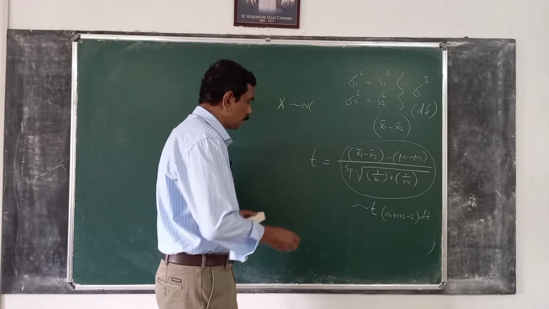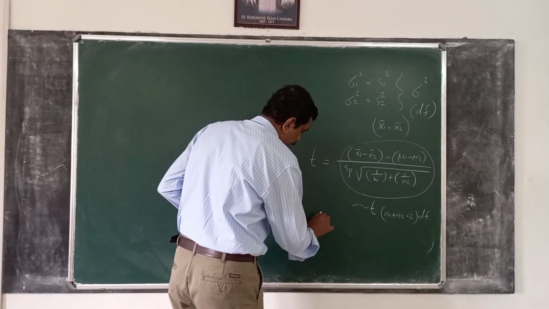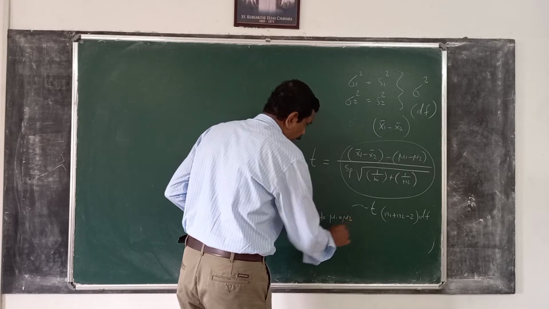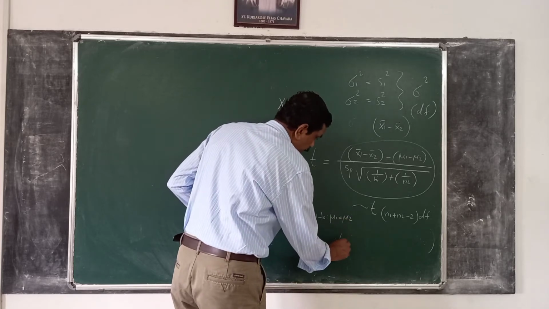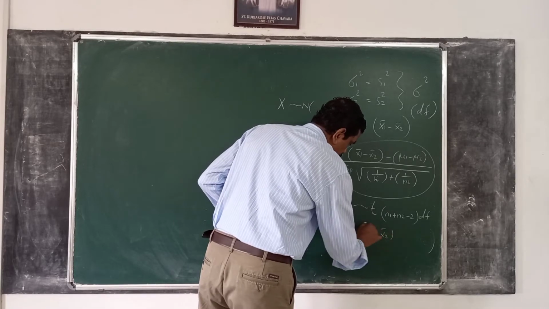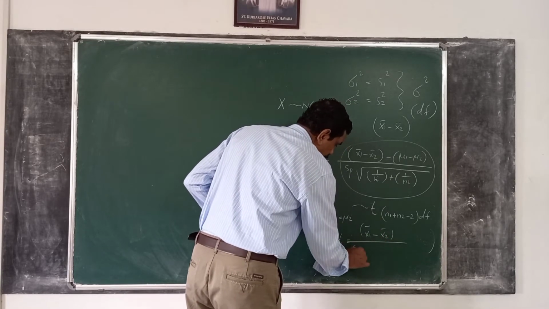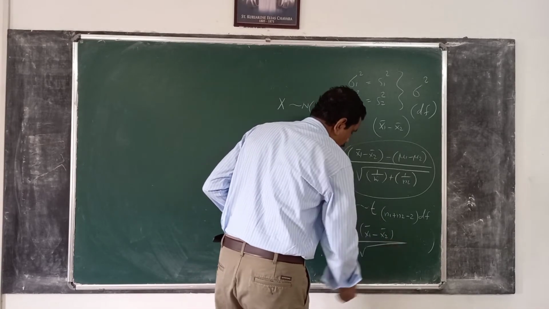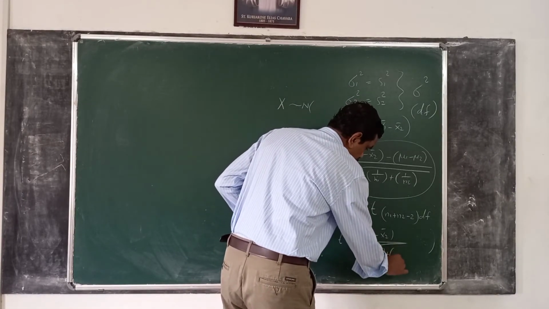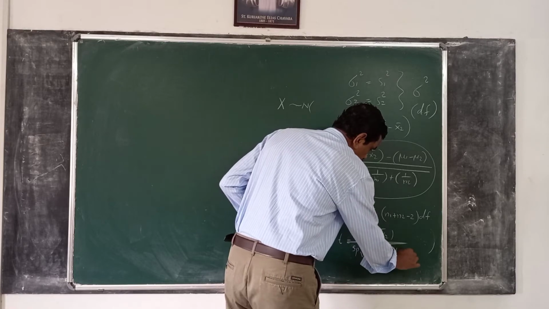Under the null hypothesis H0: mu 1 is equal to mu 2, this T becomes x bar 1 minus x bar 2 divided by SP into root of 1 by n1 plus 1 by n2.